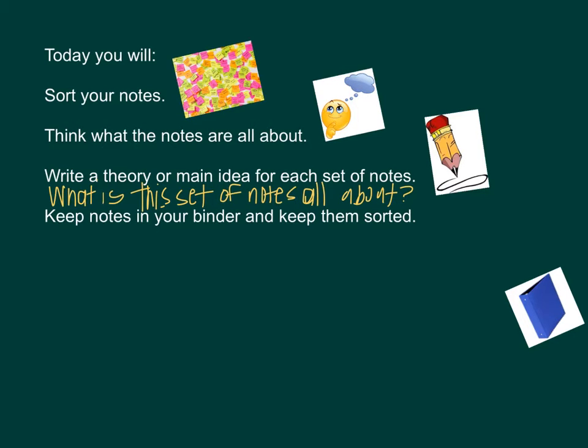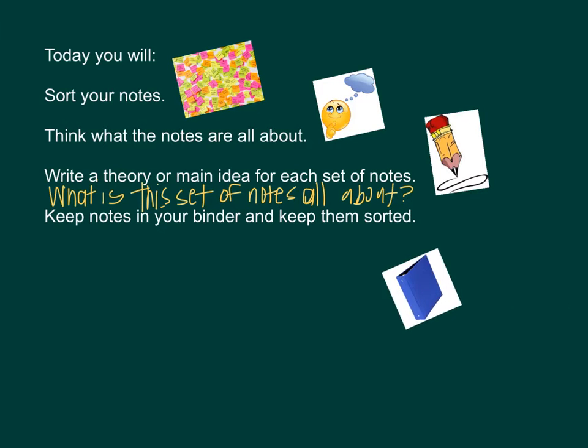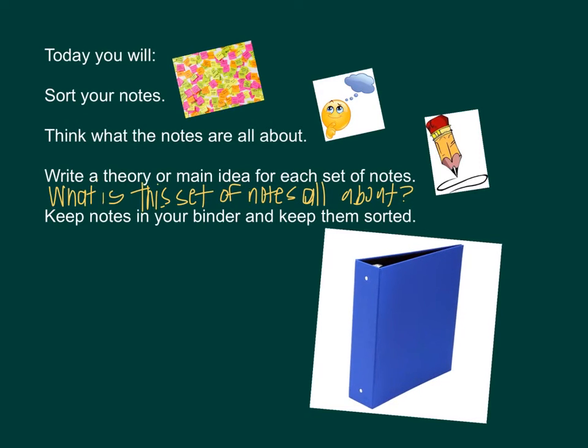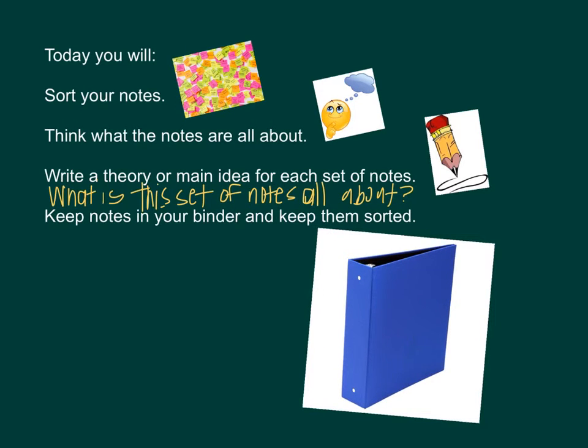Finally, fourth graders, you are going to keep all of your notes in your reading binder. And you need to keep them all together and keep them sorted. So you're going to take all your notes and you're going to keep them in your reading binder. This is the work that you will be doing today.